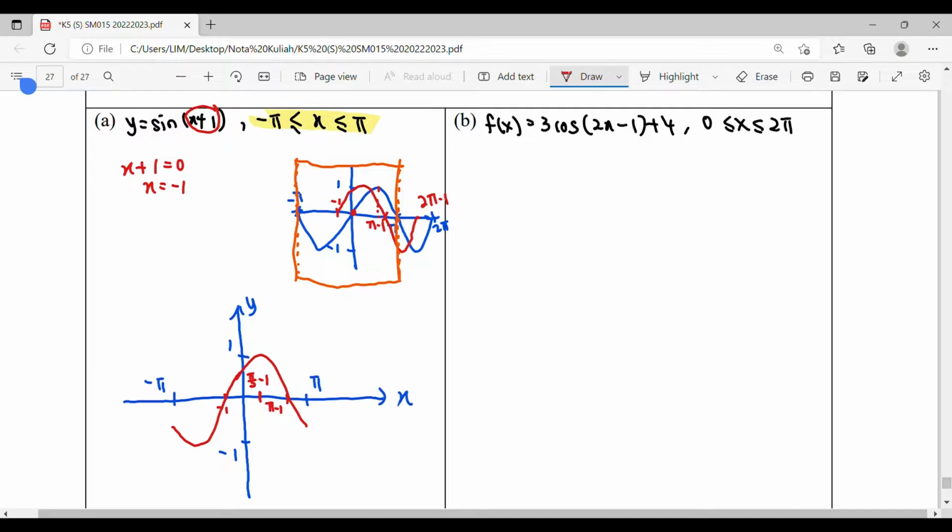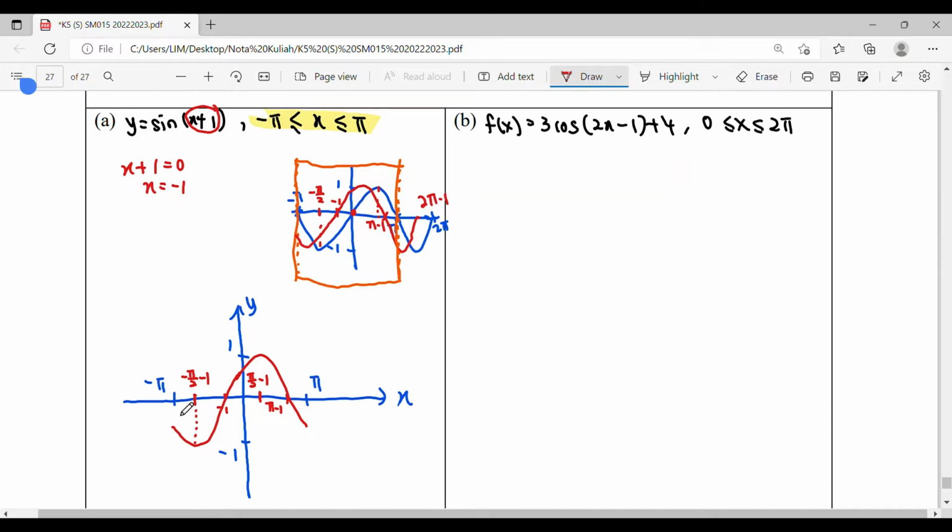Its minimum value should originally occur at -pi over 2, but this graph has already moved 1 unit to the left, so the minimum here will be -pi over 2 minus 1. Originally the graph should end at pi, but because the graph has moved, it will end here only.